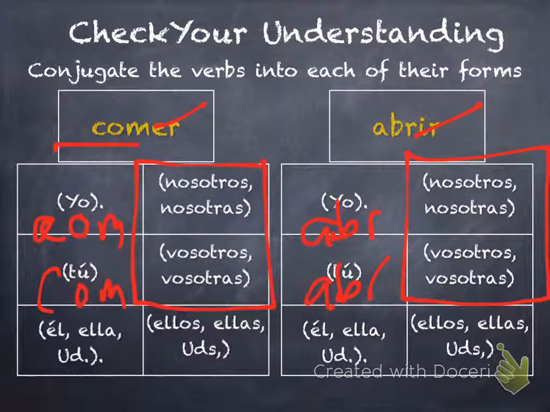So go ahead and conjugate these and see what you come up with. You can go ahead and pause this if you need more time and take the time to conjugate them through.